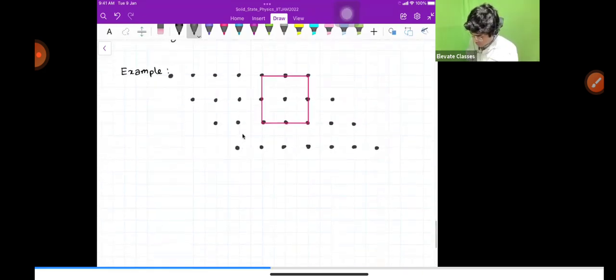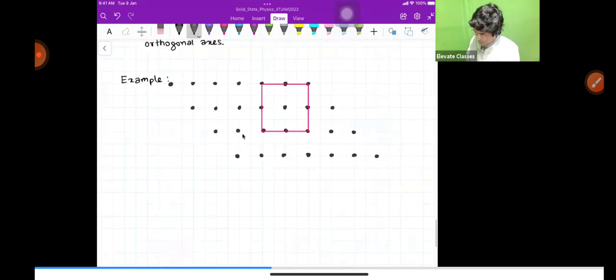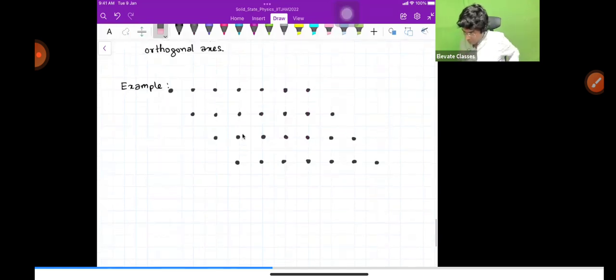Now, in this case, we can have, so I think I made, wait a minute, let me redraw the diagram.